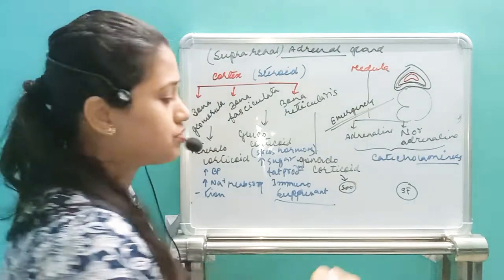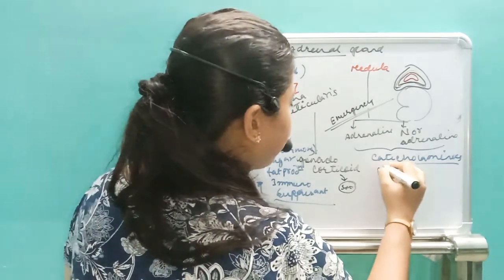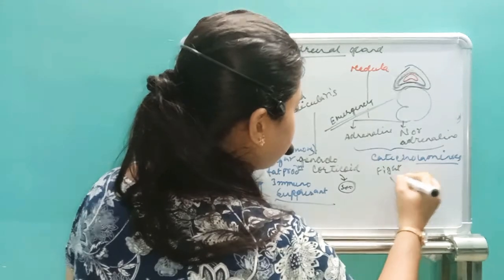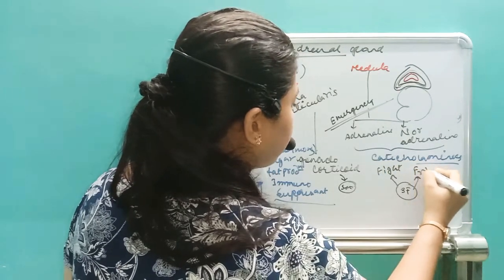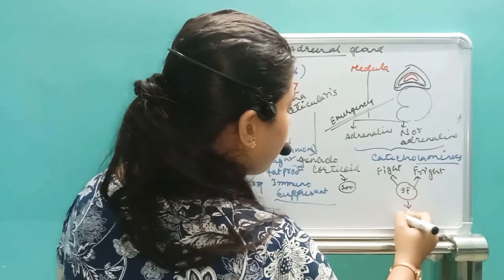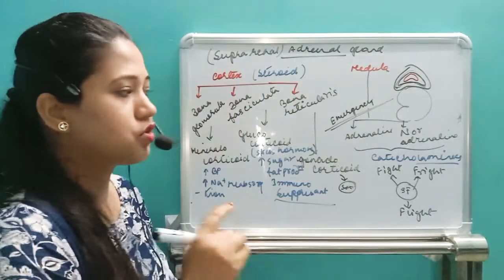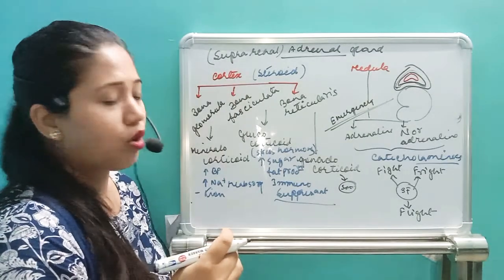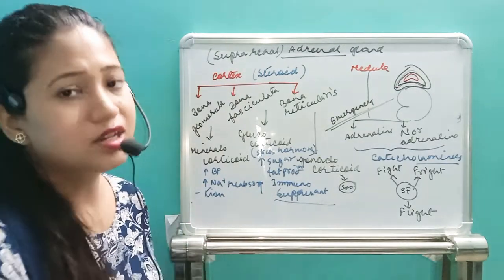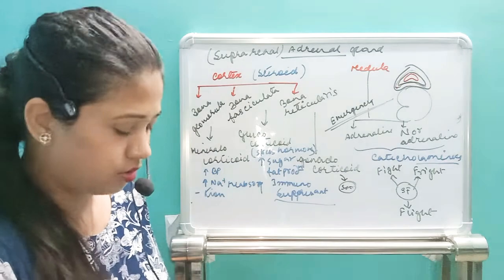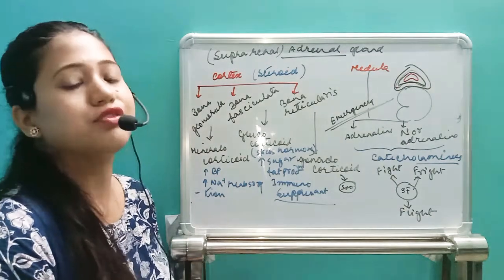So what is the 3F situation? Whenever we fight, fright, or flight. In the 3F situation, these emergency hormones, adrenaline and noradrenaline, the two hormones, will work. Okay, so these are the functions of the adrenal gland.